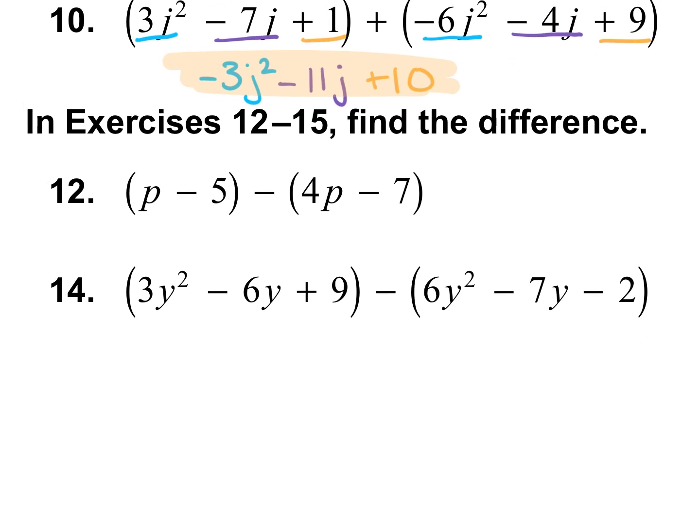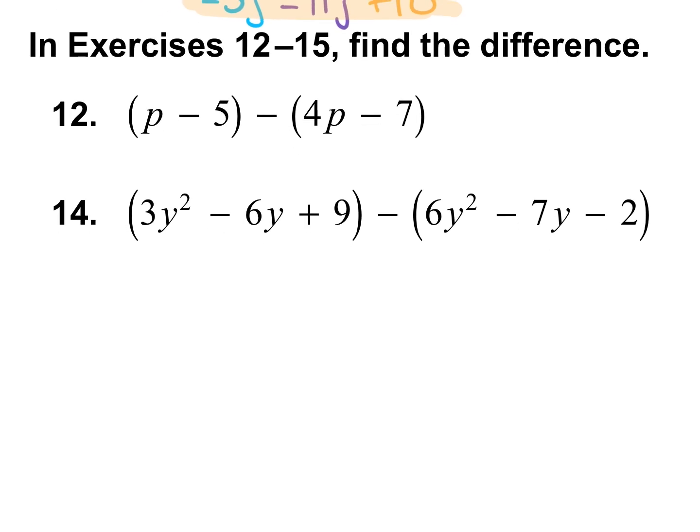All right, let's subtract. So I'm going to do 14. What's the first thing we have to do when we subtract? So when we're finding the difference, what do we do first? Distribute the negative. So it gets distributed to everything behind it. So that means everything behind it, we change the signs. Negative 6y squared plus 7y plus 2.